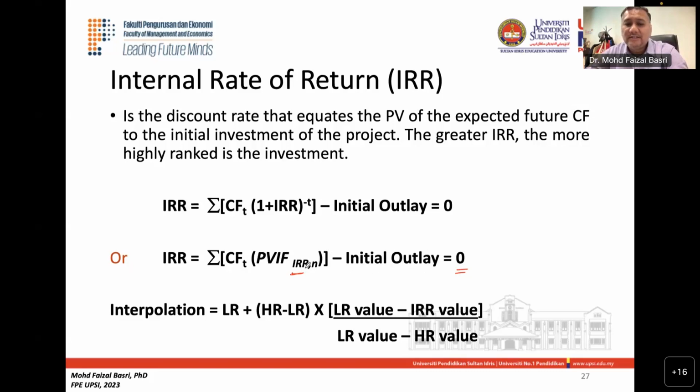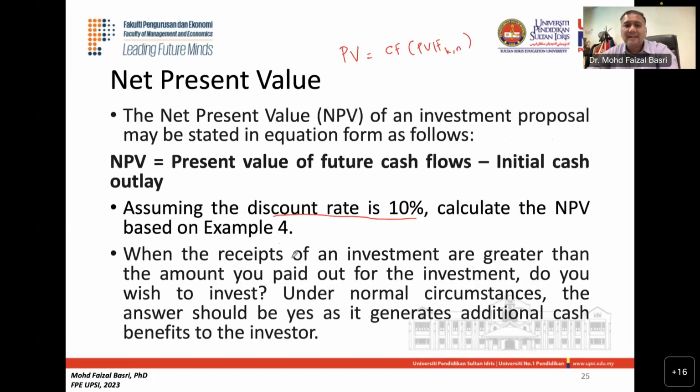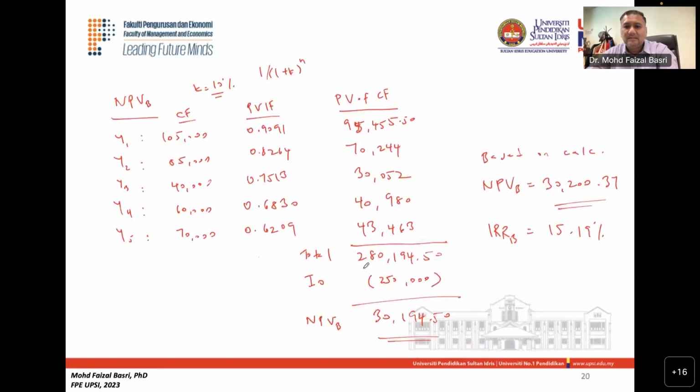So if we use 10%, kita calculate guna 10% tadi kan, the total present value is 280,000. Bila kita letak the K at 10%, we get 280,000.